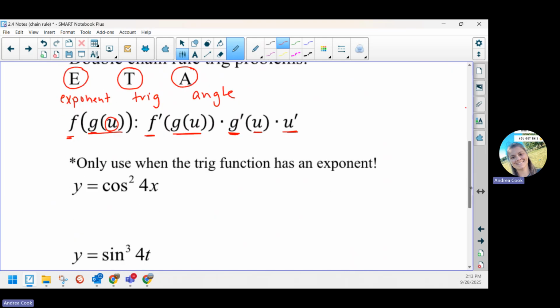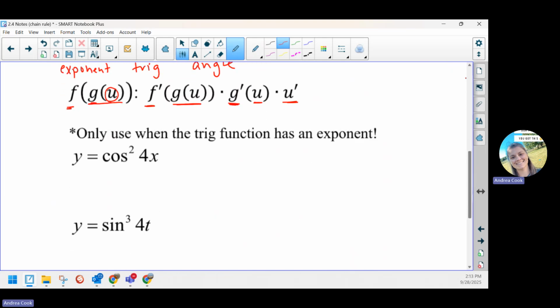So let's see. This function I'm going to actually rewrite as cosine 4x, the quantity squared. So you can kind of see that this is my innermost function. Then I have the trig function, and then I have the exponent.